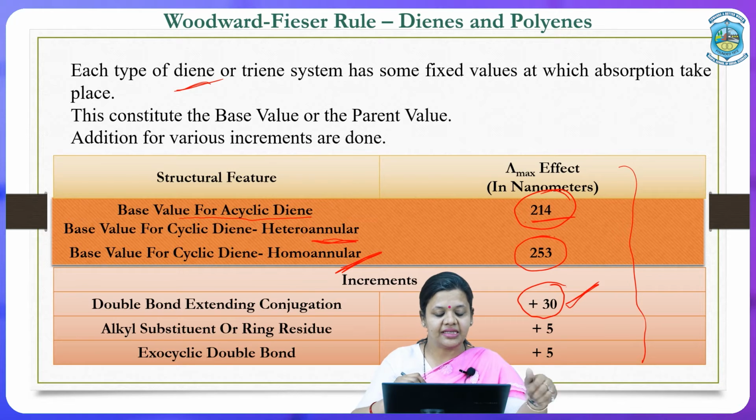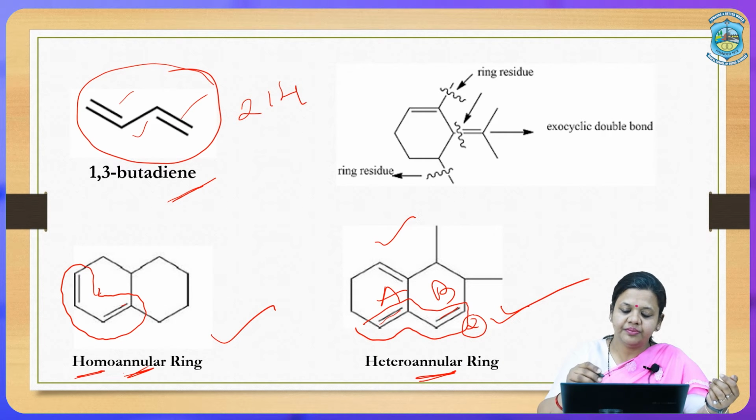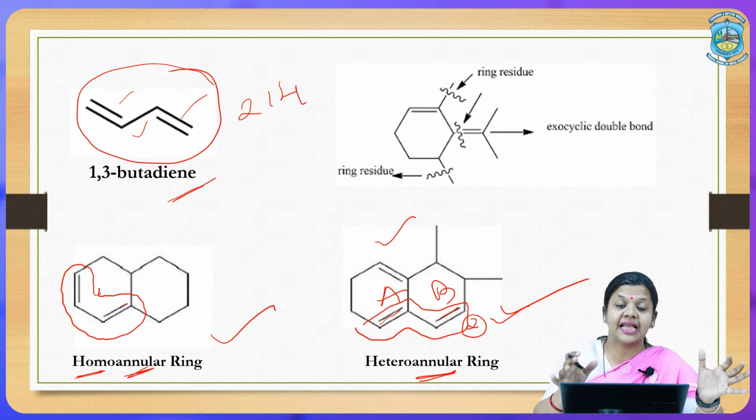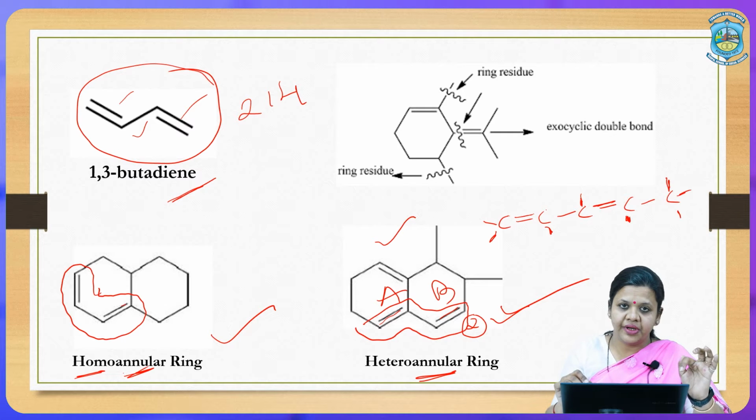Similarly, if there is an alkyl substitution or a ring residue. What do we mean by alkyl substitution or a ring residue? Let us see over here. Alkyl substitute means the presence of an alkyl group. Like if I make this structure over here, and I am talking about the presence of the basic molecule 1,3-butadiene.